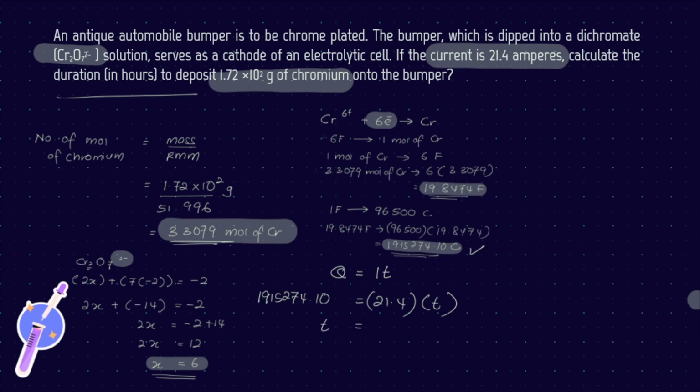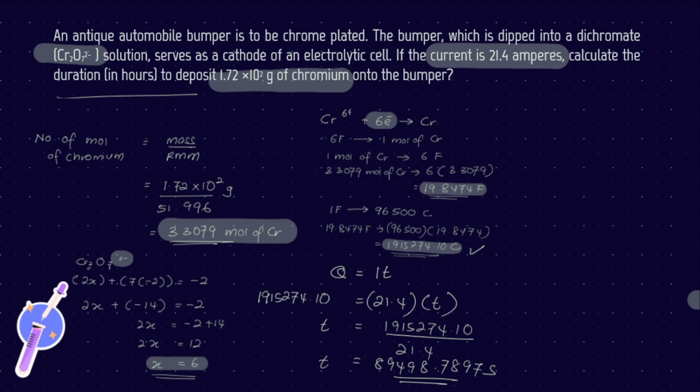So your T is equivalent to 1915274.10 divided by 21.4. Therefore, your T is equivalent to 89498.7897 seconds.